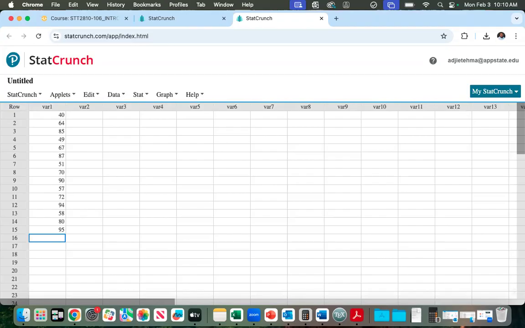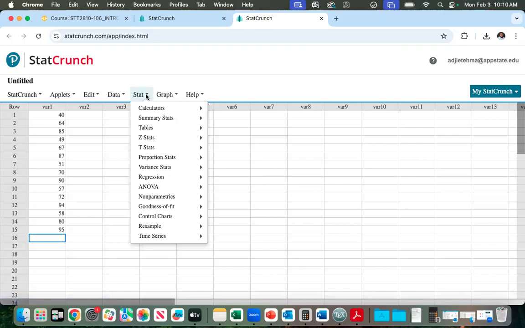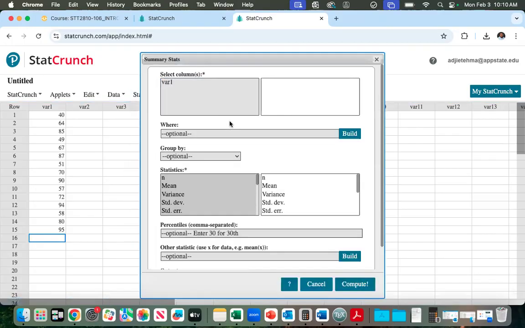I have been able to enter mine in StatCrunch. So to compute the lower hinge, you have to know the lower hinge is the same thing as what? Q1. So to be able to get Q1, I just go to stats, I go to summary stats, and then I hit columns. I select V1 because that is where I entered my data.